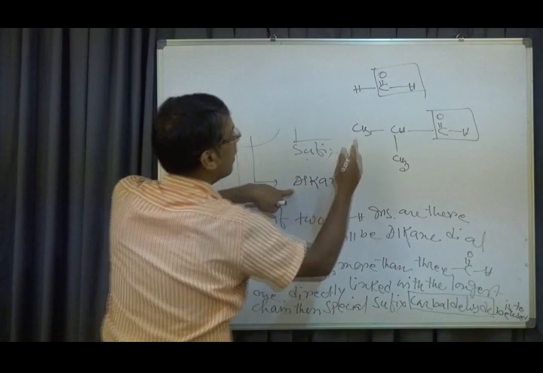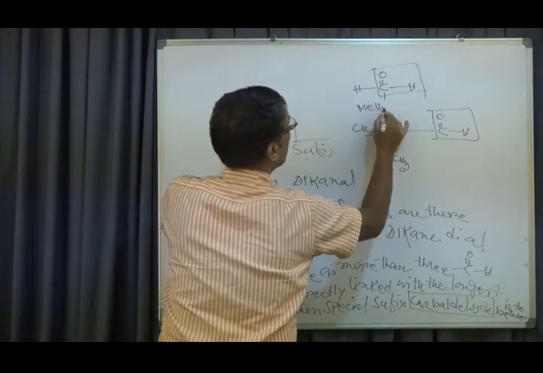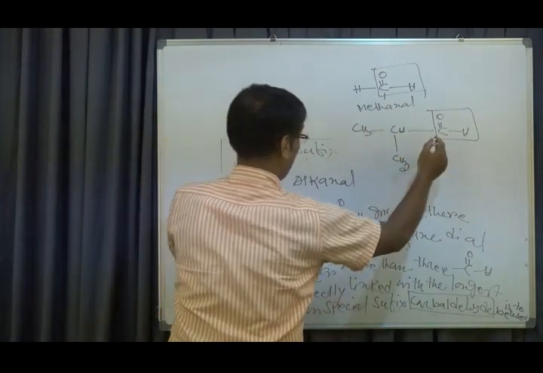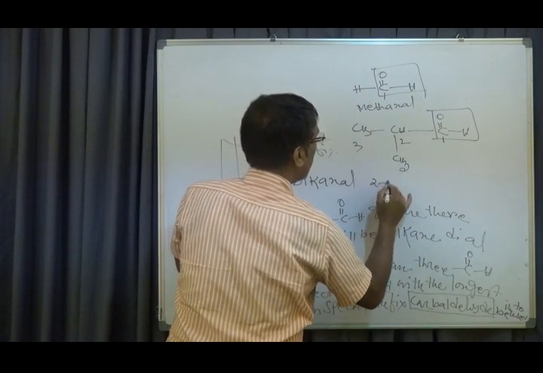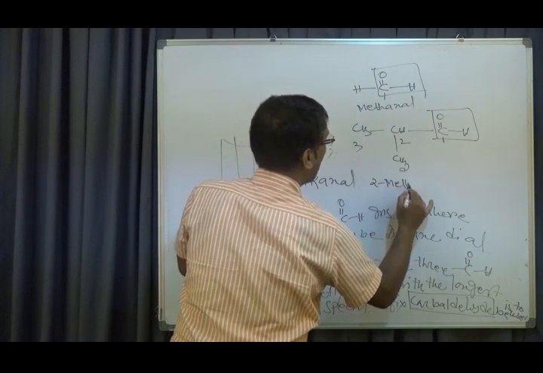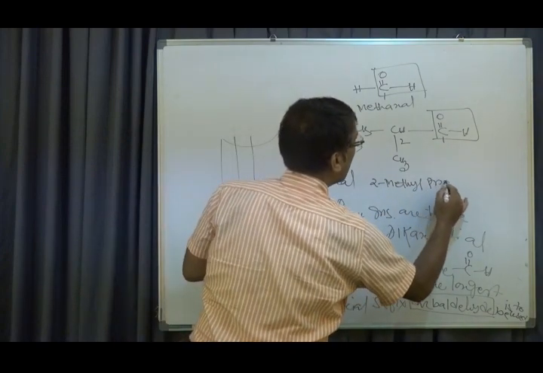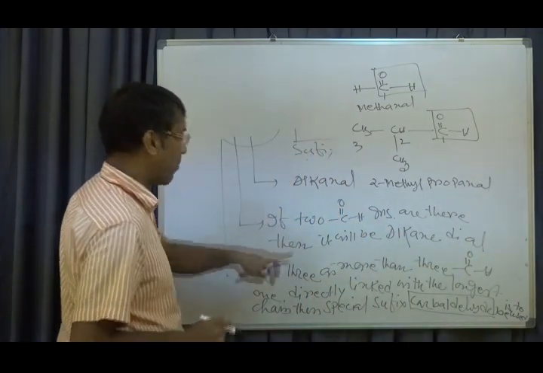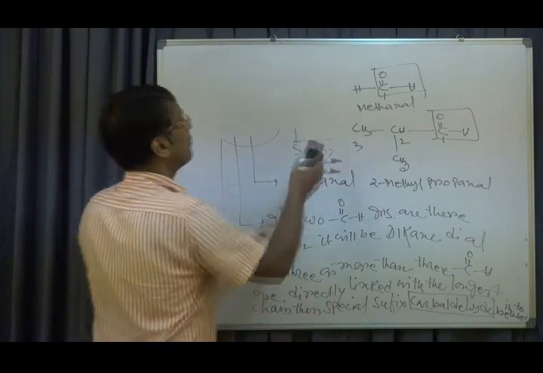Here the alkanal is methanal. Here the alkanal is numbered 1, 2, 3, and it is 2-methyl propanal.